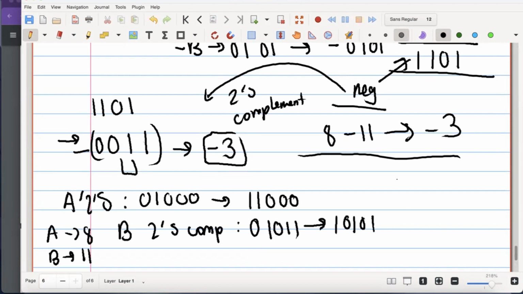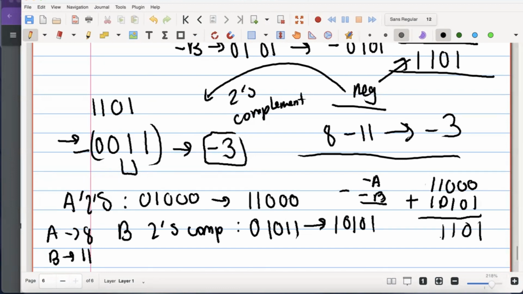Okay, now we have negative A minus B. How do we do this? Well, we take the negative values, 1, 1, 0, 0, 0, and then we have negative B, which is 1, 0, 1, 0, 1. And do we add or do we subtract? Well, we add. This is 1, 0, 1, 1, 0, and then we have a carry.